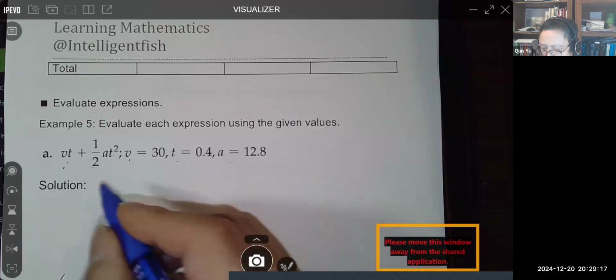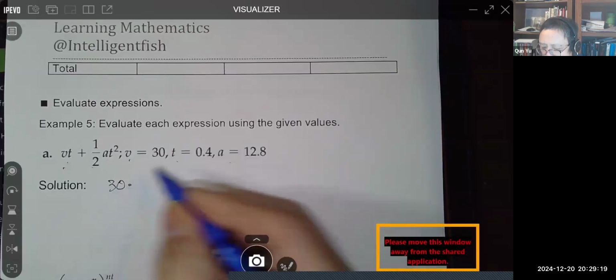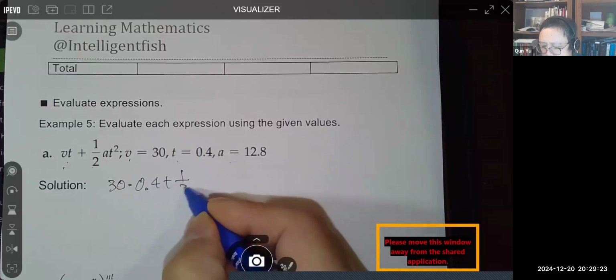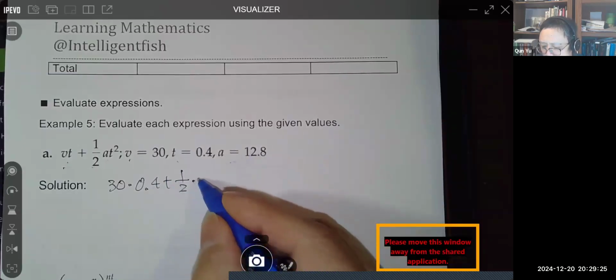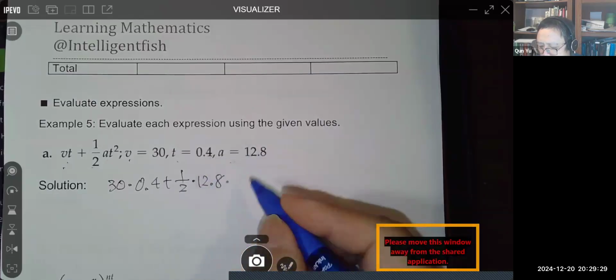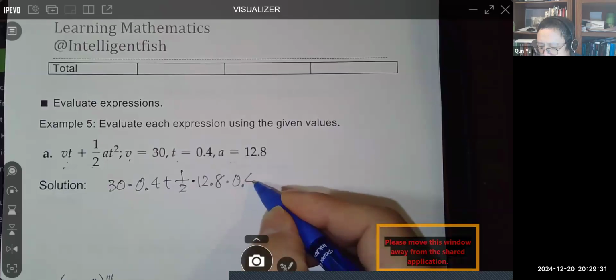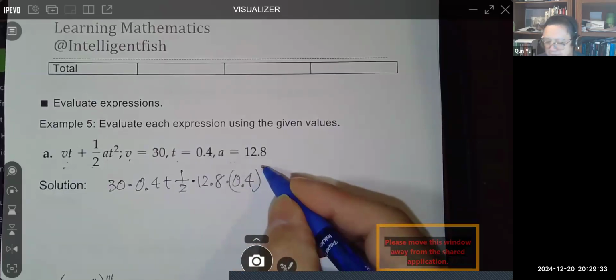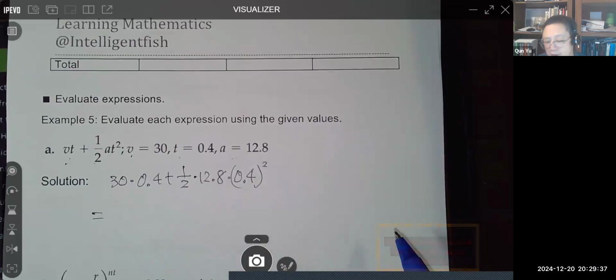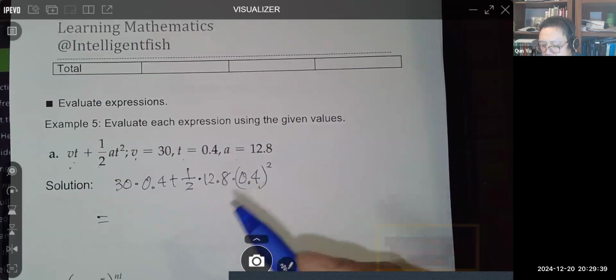V is 30 and T is 0.4 plus half times A is 12.8. T itself again 0.4. T squared, 0.4 squared. So now we just need to follow the order of operations to do the calculation.